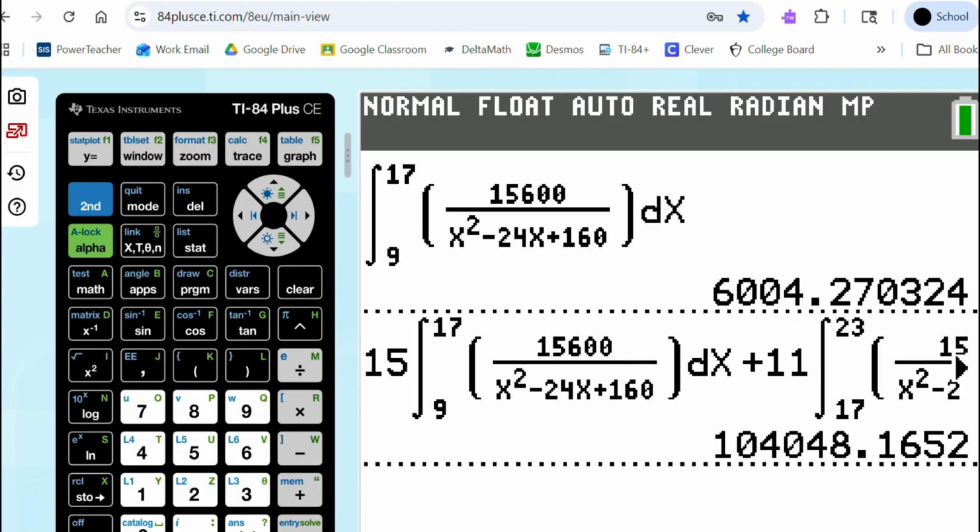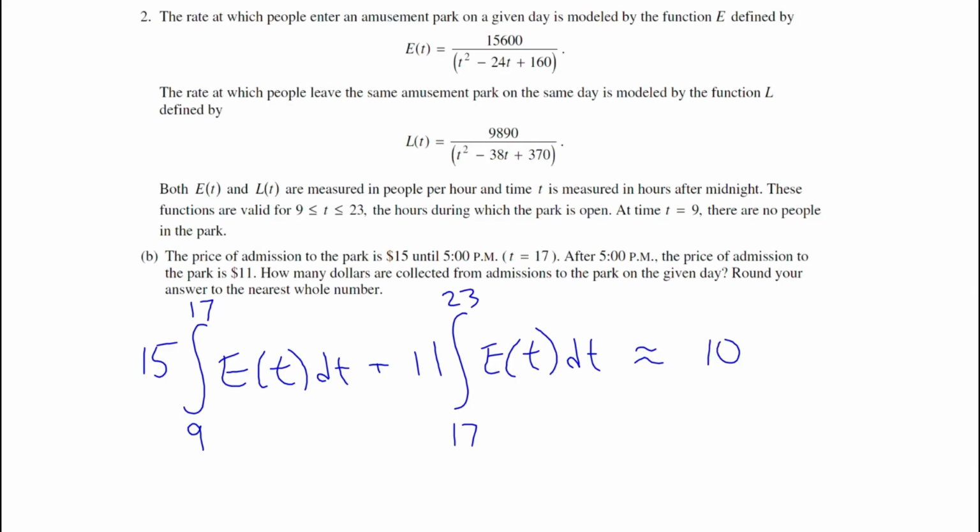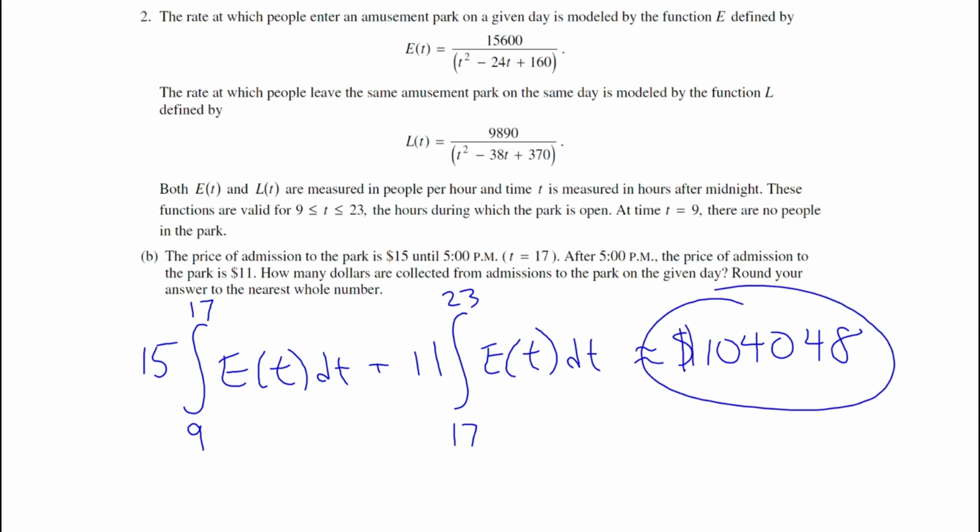When we hit enter, we get 104,048.1652, which we approximate to the nearest dollar as 104,048 dollars. And they gave you just 1 point for having the correct setup there with the answer.